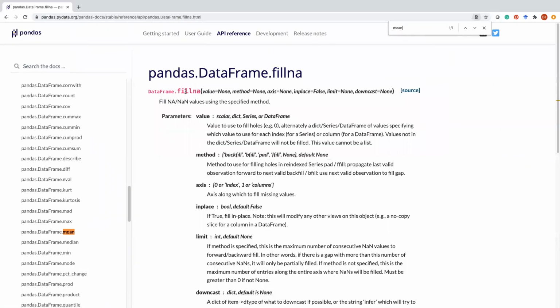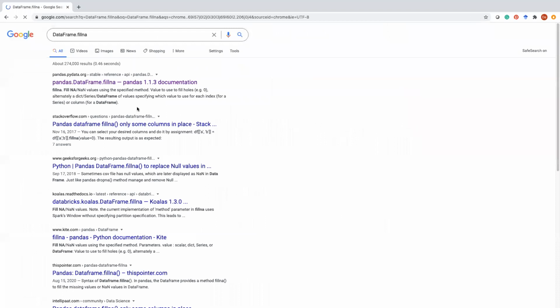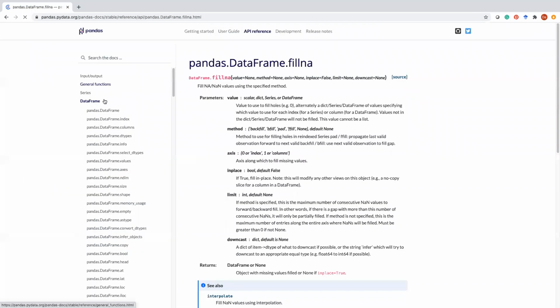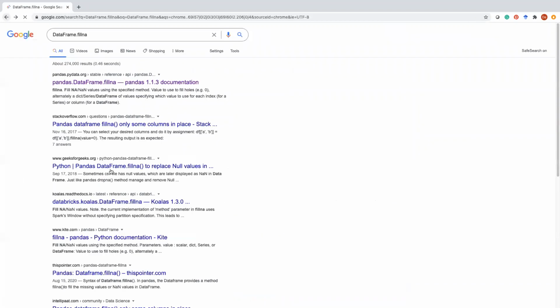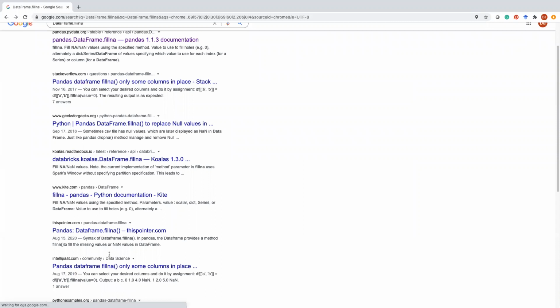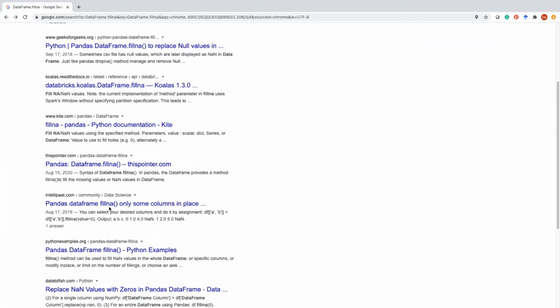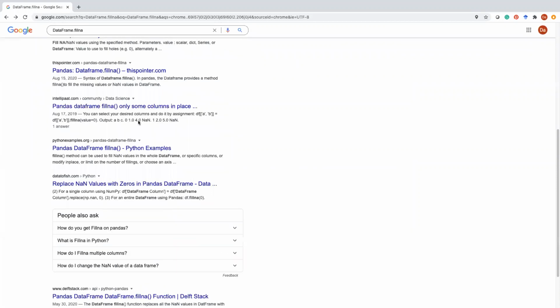I think we need to find the API. Anyway, fillna is to clean some column values. I hope I can find the proper API.